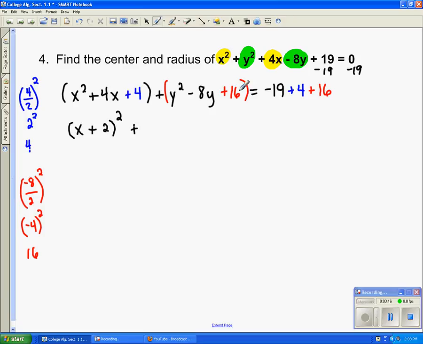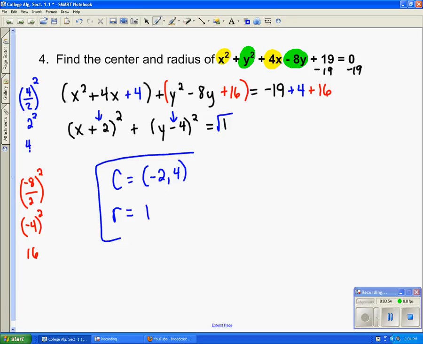Plus, for the y's, I can factor using rooftop, or use the shortcut: the variable of the first, the sign of the middle, negative, the square root of 4, squared. Then I add negative 19 plus 4 plus 16 and get positive 1. Now it's in our form. Our center is the opposite, so the center is (-2, 4), and the radius is equal to the square root of 1, which is just 1.